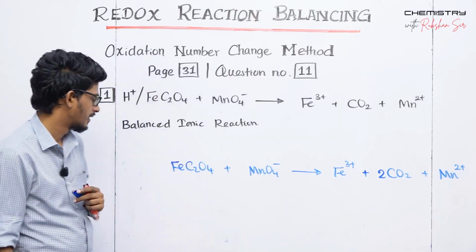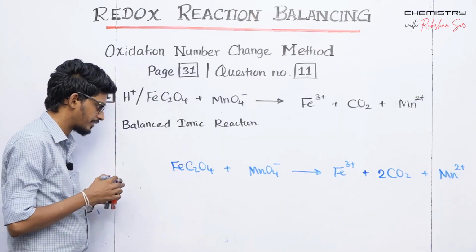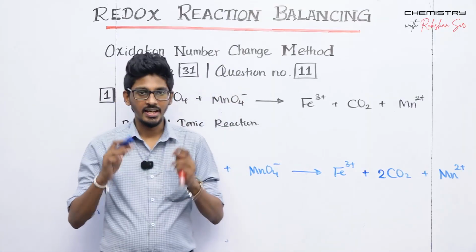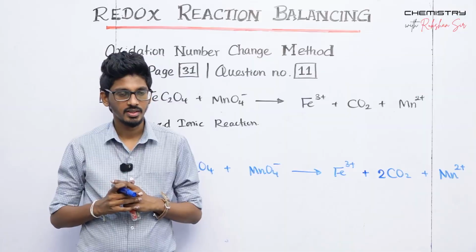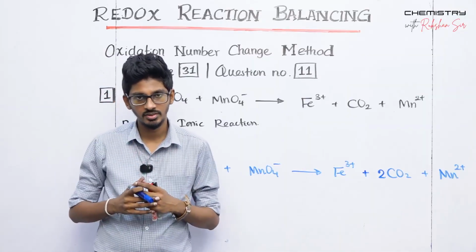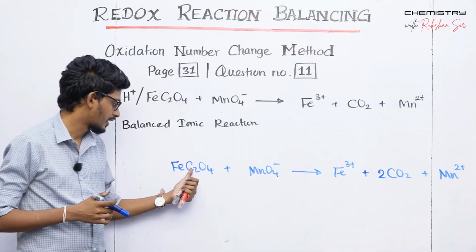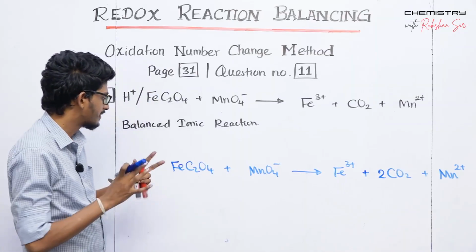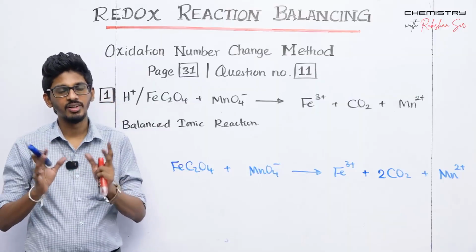Second step, balancing the oxidation states. As I have mentioned earlier, two atoms are involved in oxidation. What are the two atoms? The iron and carbon, both get oxidized. So balance the oxidation state of those at once.